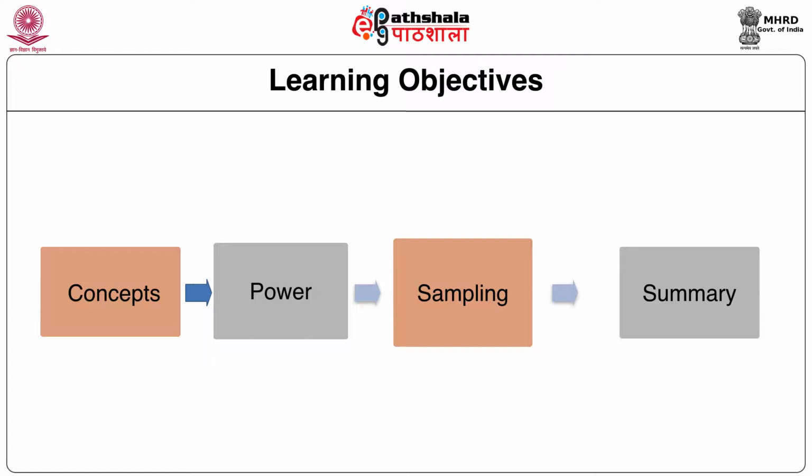We are not going to do so much sampling here, but you understand that the basis of sample size and power calculation is a good understanding of the fact that you are not going to get a census, you're going to get a sample of individuals. And then we shall finally summarize some of these things.